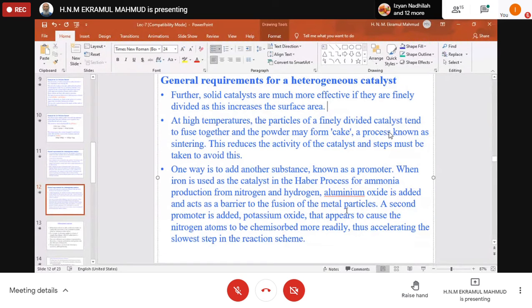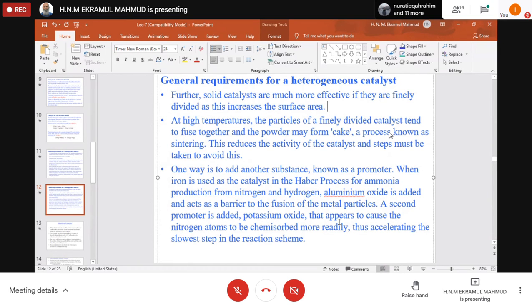These two are used, iron together with aluminum oxide, and the job of aluminum oxide is to create a barrier to the fusion of the metal particles, so that no cake formation occurs. And a second promoter is added, potassium oxide. This helps to remove this cake formation.